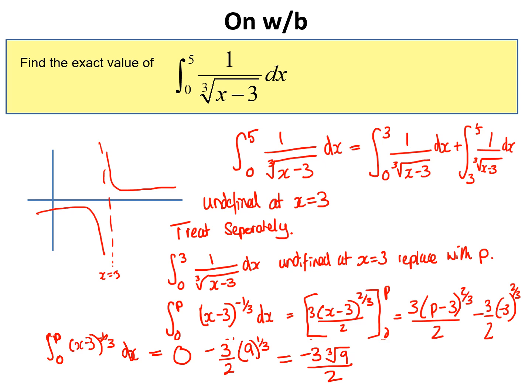That's not put very well there, I don't like that. I like all this, and then I shouldn't have written that. I should have written: as p tends to 3, this integral tends to this thing, 0, which is that.